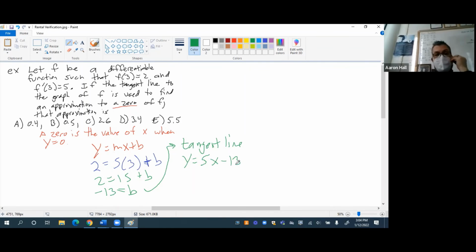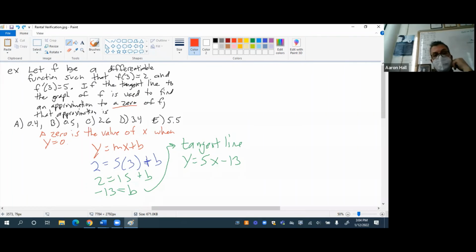Now what? Just need a value that when we plug it into x will get us 13, so that it can cancel out and the value equals 0. Because we're trying to find the zero. How do we find a zero?